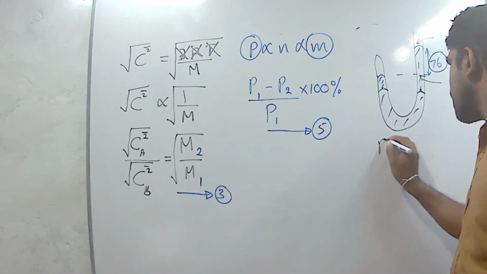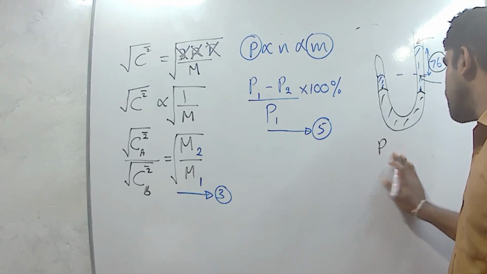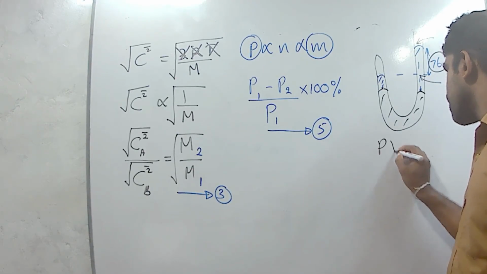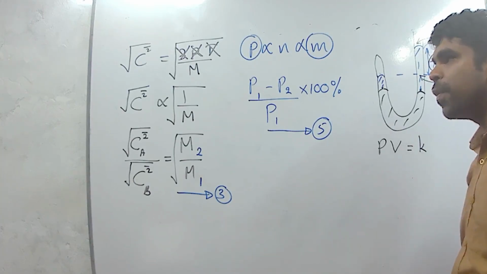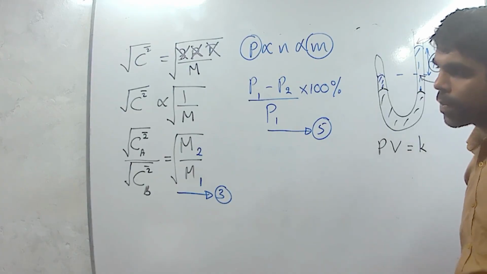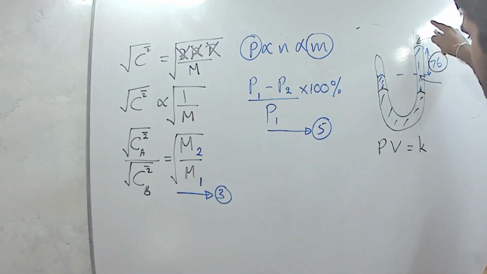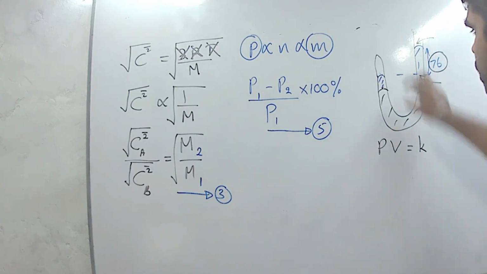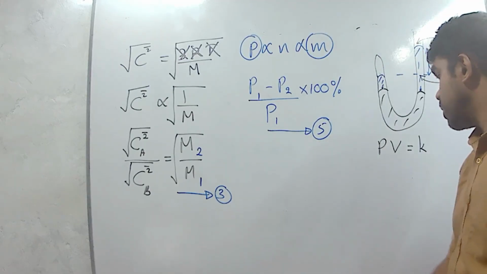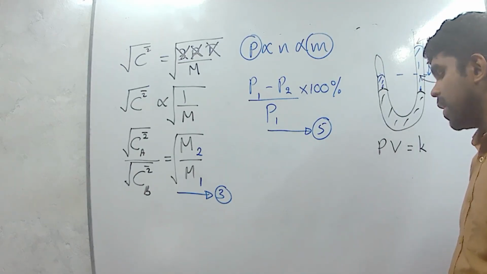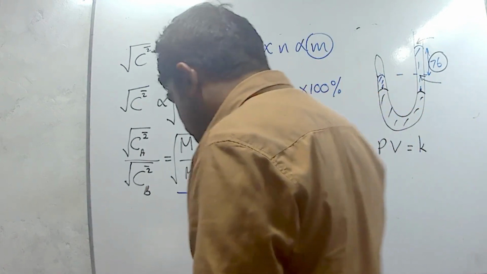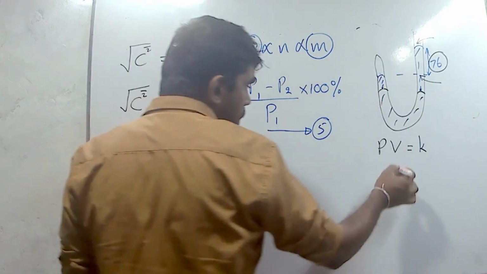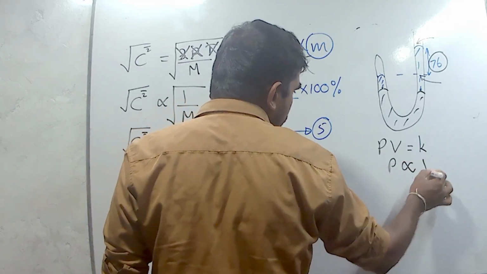Therefore, pressure is doubled. We know that PV should be constant, because according to Boyle's law, there is a constant temperature for the air mass. Then we can apply Boyle's law, PV constant. It means pressure is inversely proportional to volume.